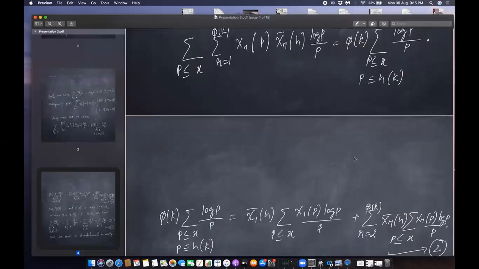Now what we will do is take the principal character out and keep the other sums inside. Choosing chi 1 as the principal character, we obtain that the sum is equal to this, plus this.